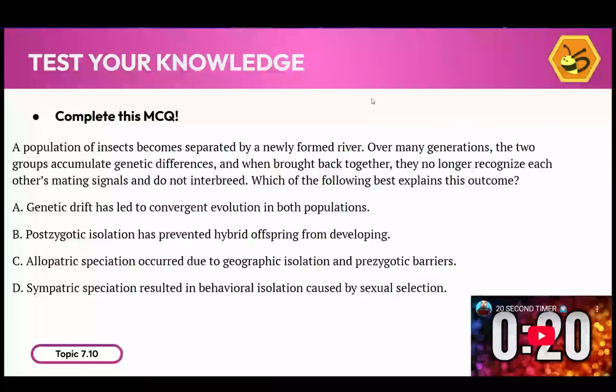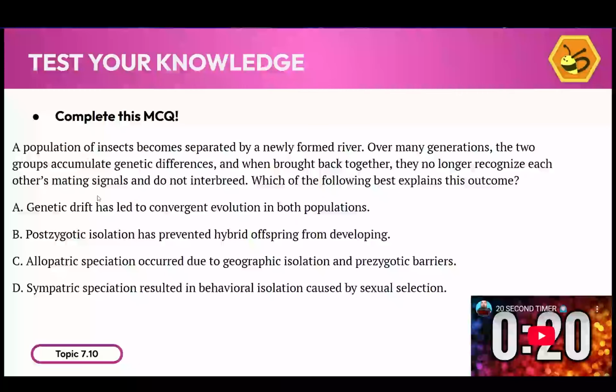The key point that could distract someone toward D, and that's why this is kind of hard, is that the fact that they no longer recognize each other's mating signals and do not interbreed signals a reproductive barrier.